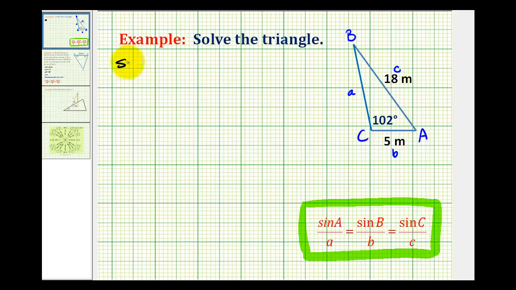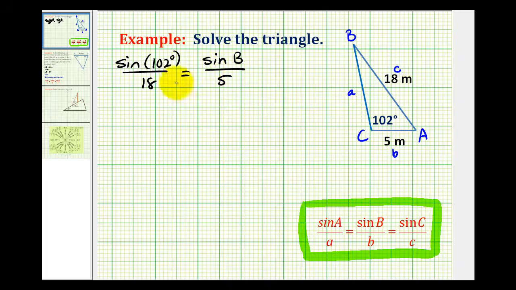So again, we have the sine of 102 degrees divided by 18 meters must equal the sine of angle B divided by 5 meters.